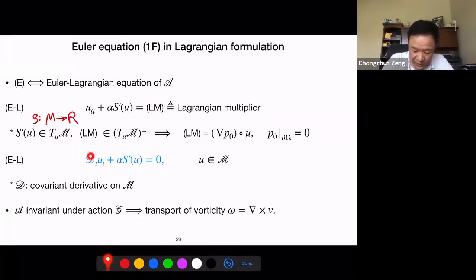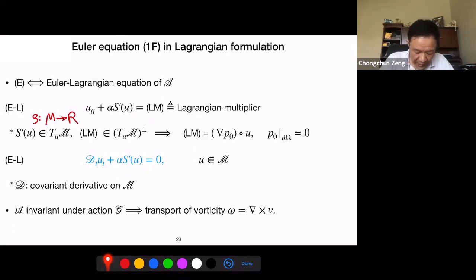So you have D_t u_t in the covariant derivative plus the gradient of the potential energy is equal to 0. So this is a new Euler equation in the problem with surface tension. So when the problem has surface tension, it's not a geodesic flow anymore. It is a Lagrangian flow with a potential energy. When there is no surface tension, this is still a geodesic flow.